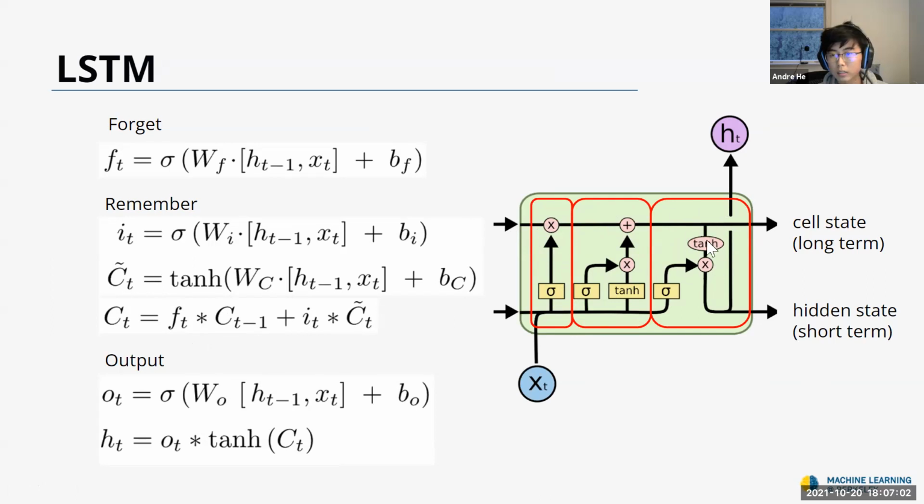And at the output, this doesn't actually affect the cell state anymore. At this point, we're done with everything we want to do with the long-term memory, and our final steps are just to decide what to output at this cell and how to modify the short-term memory. The output is just a function of the hidden state and the token, and the hidden state gets updated as some function of the cell state.